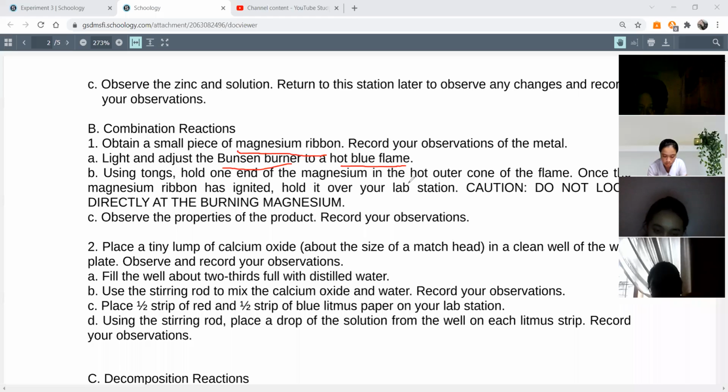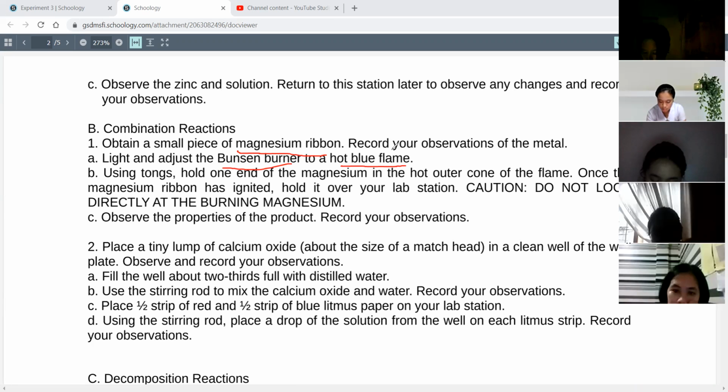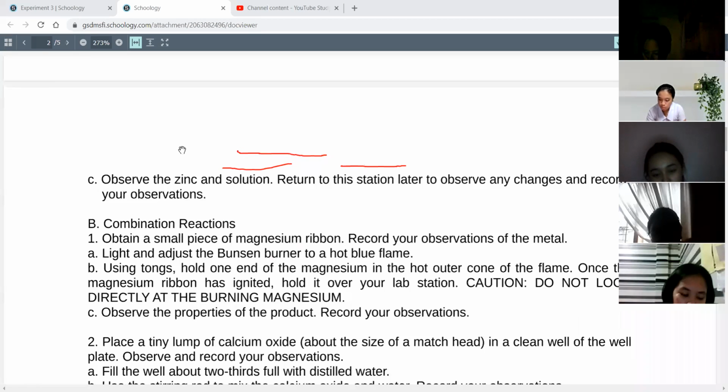That's a pure magnesium metal, we call it magnesium ribbon. Susunugin siya. Therefore, pag may combustion, most likely the other reactant there is the oxygen. And then after burning, we just have to record what we have observed during the reaction.